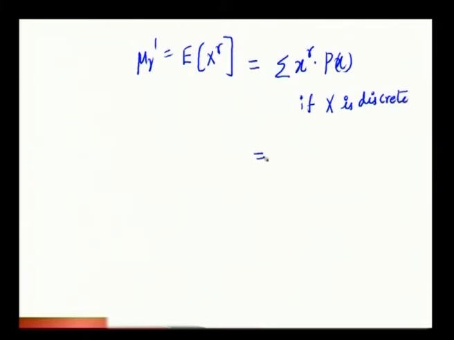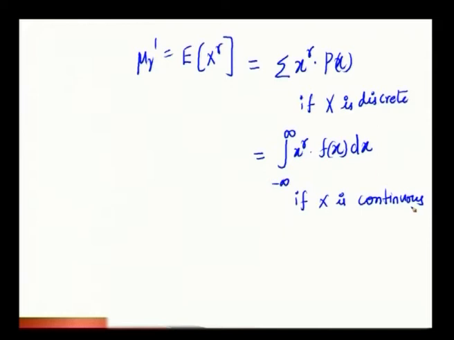And this is equal to integral x power r into f of x dx, the limits being from minus infinity to plus infinity, if x is continuous. So, mu r dash is written as summation x power r into p of x, where x ranges over its limits, if x is discrete, and integral x power r into f of x dx from minus infinity to infinity if x is continuous.